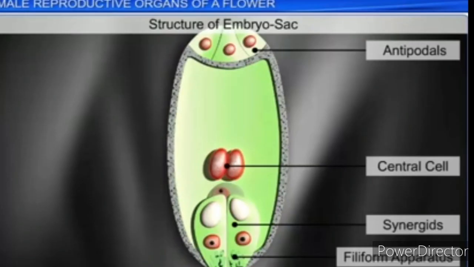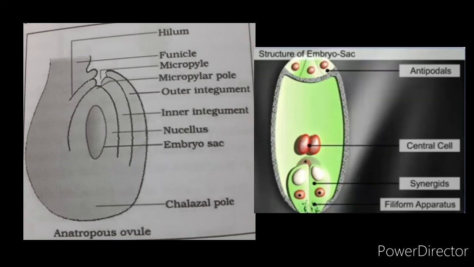The 3 cells at the chalazal end are called antipodal cells. The large central cell contains the 2 polar nuclei. Thus, a typical angiosperm embryo sac at maturity is a 7-celled, 8-nucleate structure.